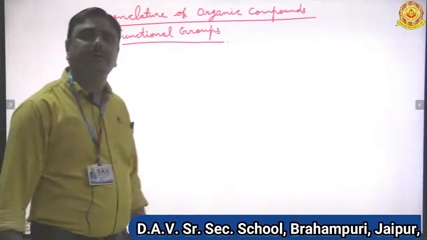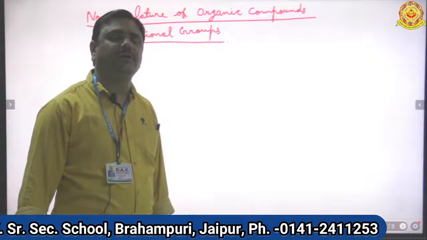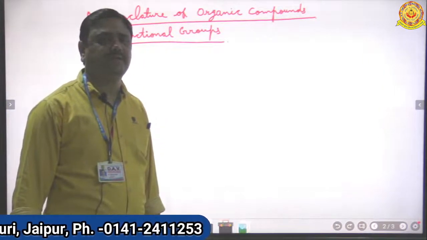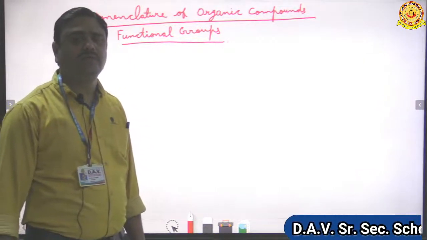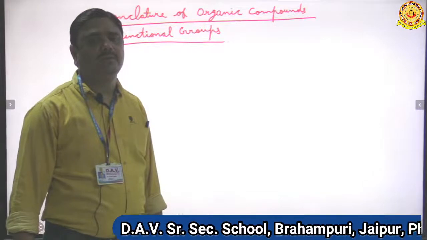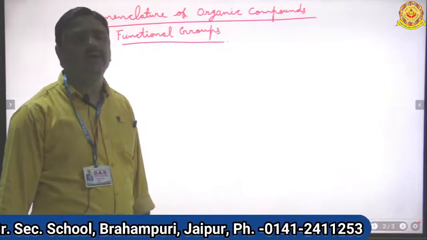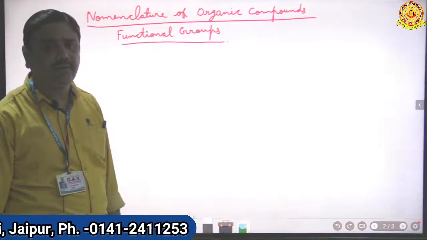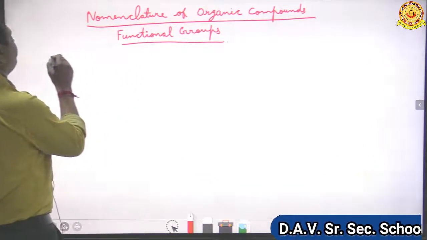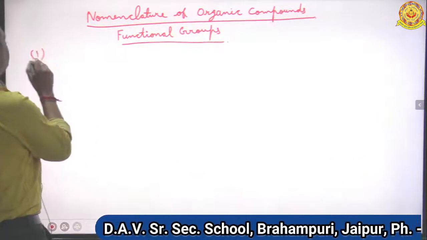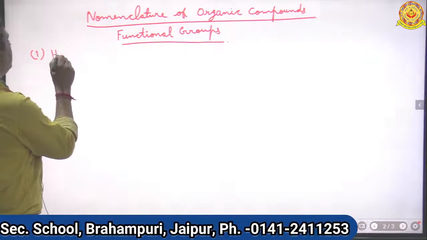Double bonds and triple bonds we have discussed in the previous session. Today we will discuss atoms or groups of atoms which attach to the hydrocarbon chain or ring and control the properties. First of all, we will discuss halogens.